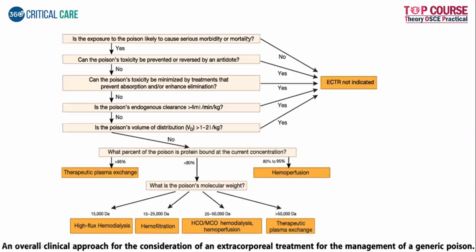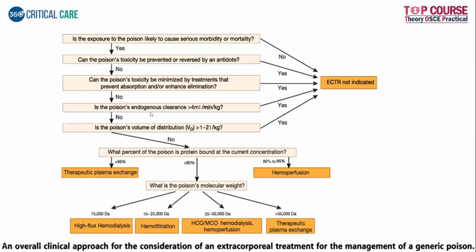The indications which I told. If yes, the second is, is there any antidote present for this toxicity? If there is no antidote, then comes, can the poison's toxicity be minimized by treatments that prevent absorption and or enhance elimination? If no, then comes your next step.